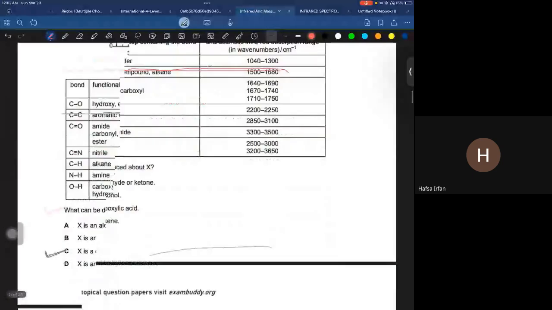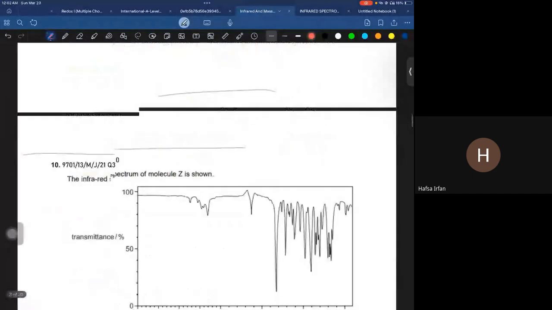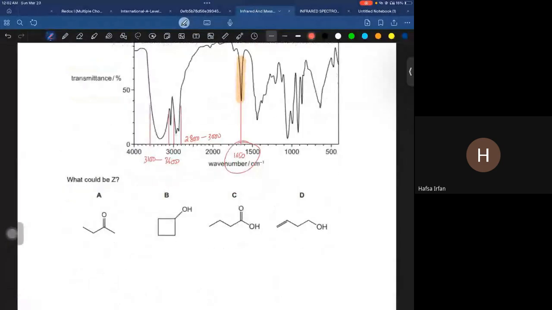So ultimately, I have to select the option in which I can have alkene and alcohol. Of course, this is D. It's easy.